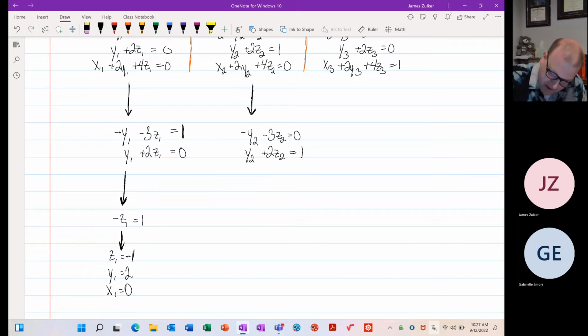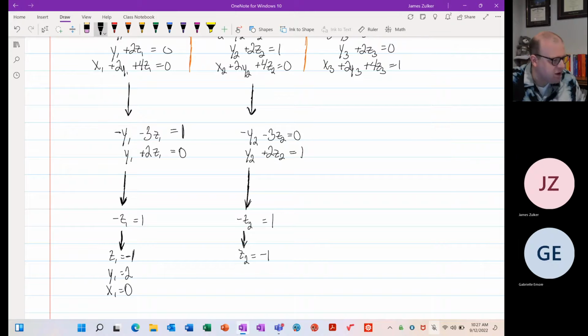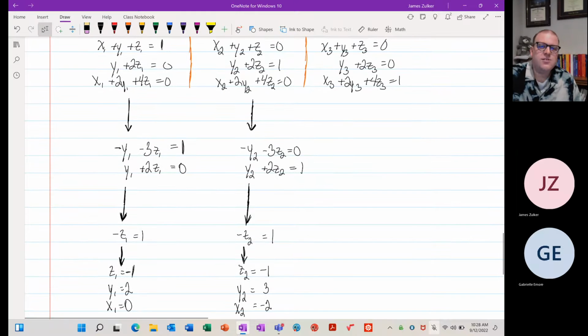So we get negative z2 is also equal to 1. So z2 is negative 1. Then when you do backward substitution, we get y2 is 3 and x2 is negative 2.